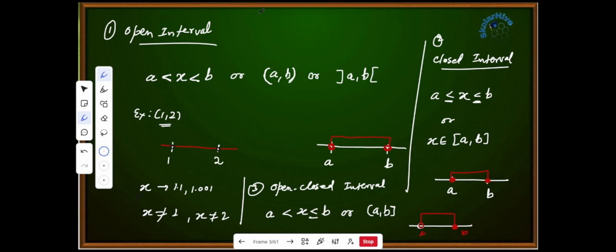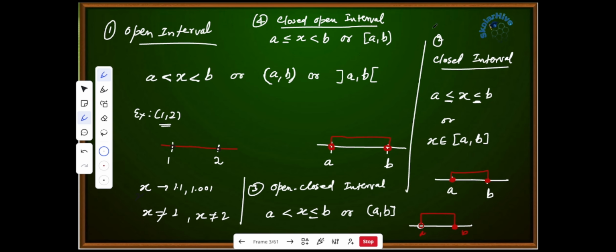And the fourth interval is the closed open interval. Closed open means left side closed, right side open, meaning the set of all values of x for which x is either equal to a or greater than a but less than b, which we can write in interval notation as [a, b), closed at a and open at the end of b.